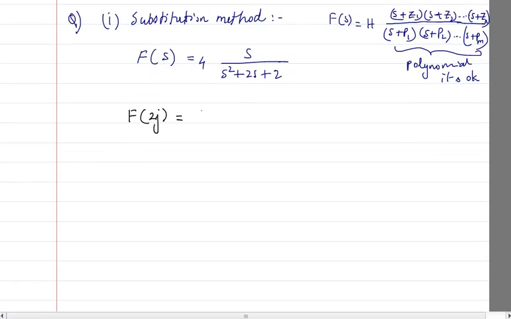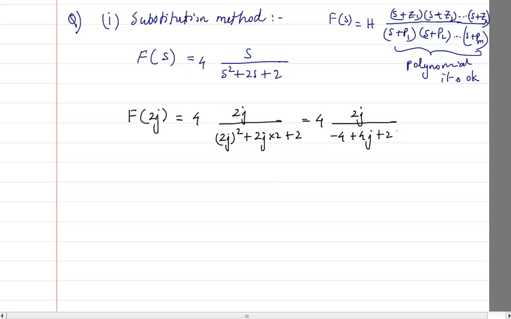If I substitute that, I will get 4 times 2j divided by (2j) square plus 2j into 2 plus 2, which gives 4 times 2j divided by minus 4 plus 4j plus 2. Minus 4 and plus 2 gives minus 2, so it's going to be 4 into 2j divided by minus 2 plus 4j.